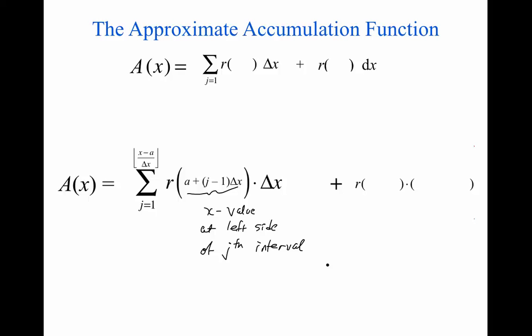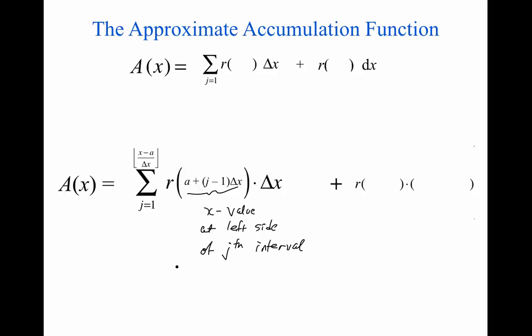It's similar, but it's the x value at the left side of every completed interval. You have the jth interval, which are the completed intervals. So that sums up the total accumulation from the completed intervals as m dx plus m dx plus m dx. Every time j advances to the next value, you get the next m dx for that next completed interval, and we sum all those up.